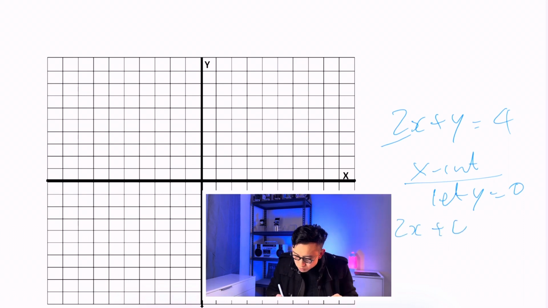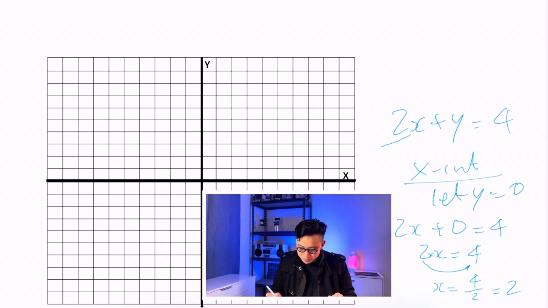So if y equals 0, you're just going to be left with the 2x. The invisible sign in between the 2 and the x is times, and the opposite of times is divide. So it'll be 4 divided by 2, which is 2. Let's locate that on the x-axis. So 2 is there. So clearly, currently, the x-intercept is 2.